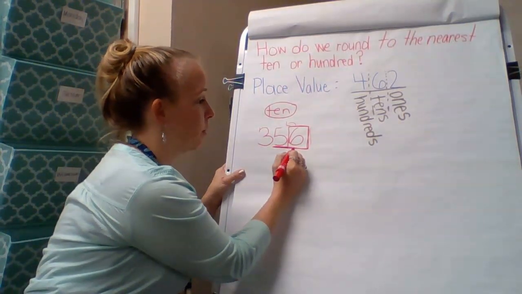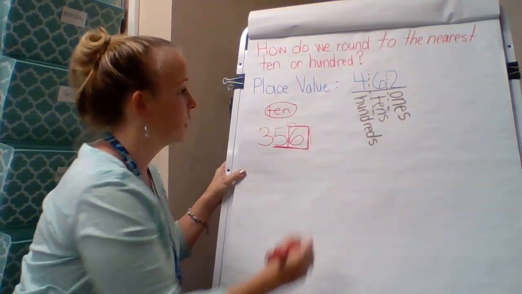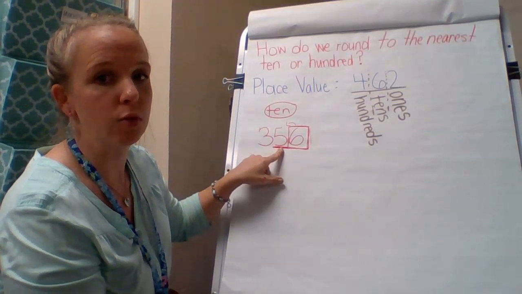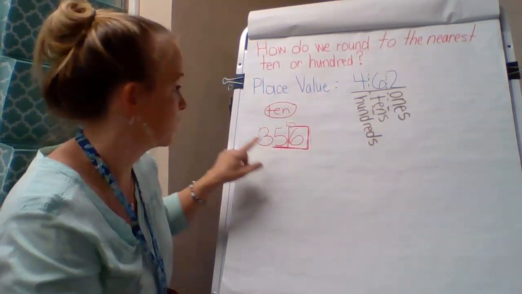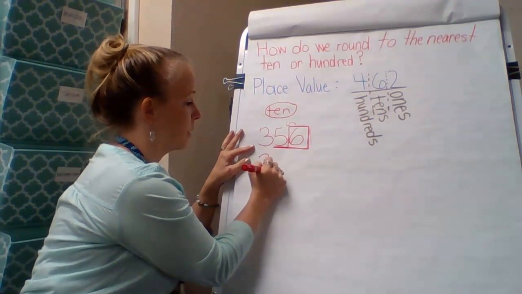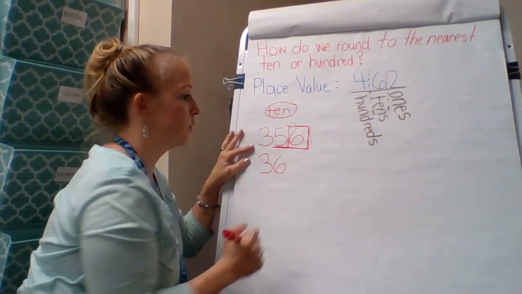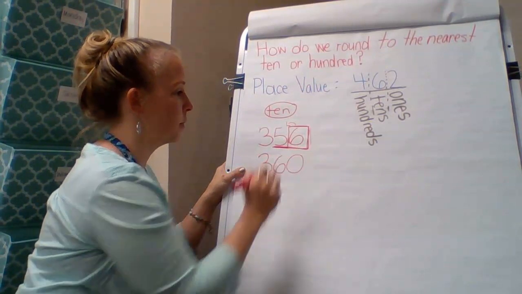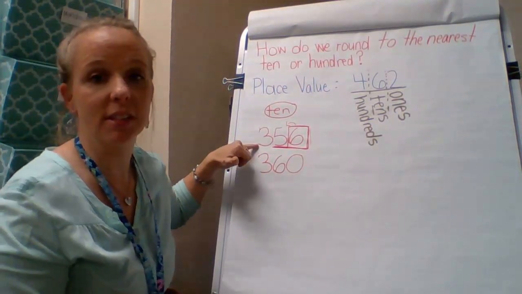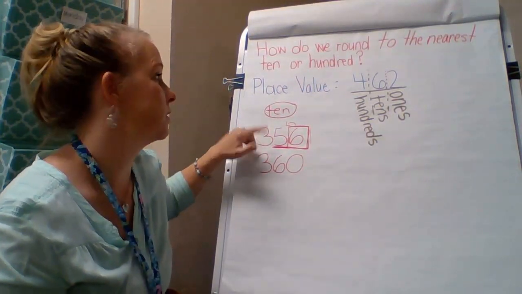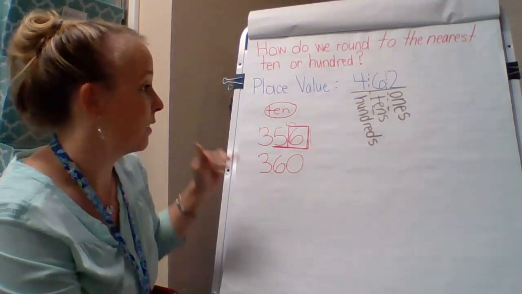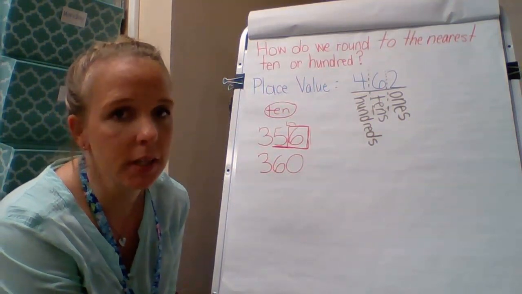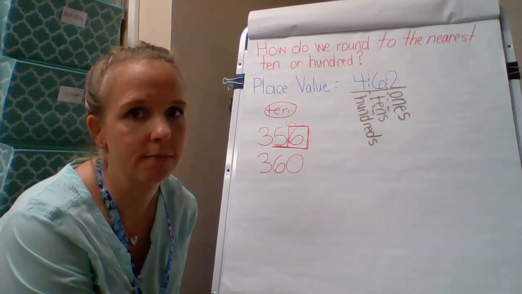Because my neighbor is a number 6, the neighbor's telling me to bump up 1. So I'm bumping up to a 6. My 3 is going to stay the same. This is going to turn into a 6, and you say, okay, goodbye, neighbor. And 356 rounded to the nearest 10 is 360. If we look at 356, it's pretty close to 360.